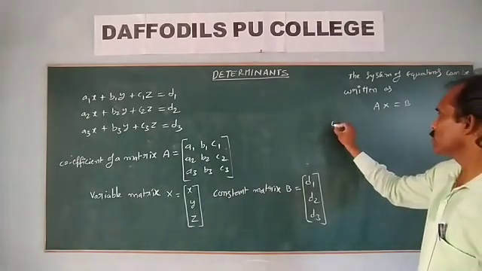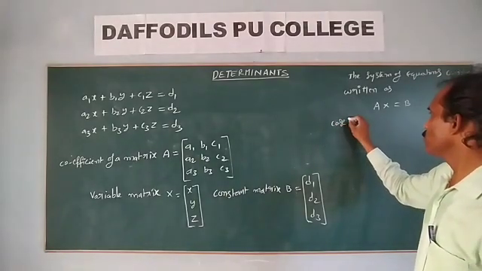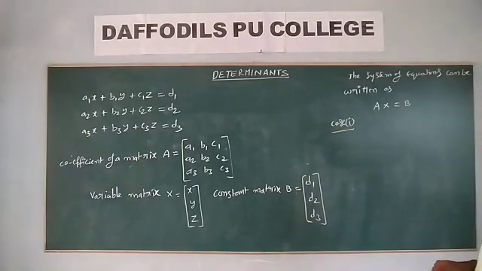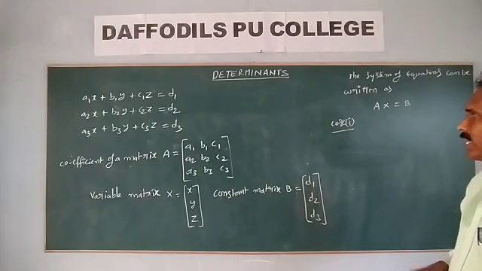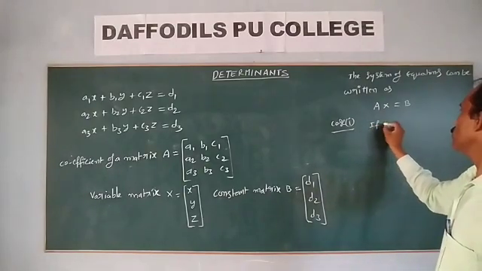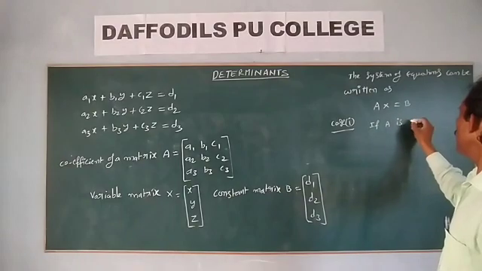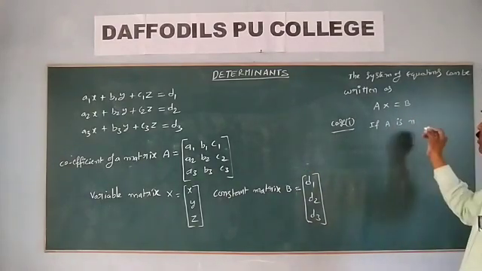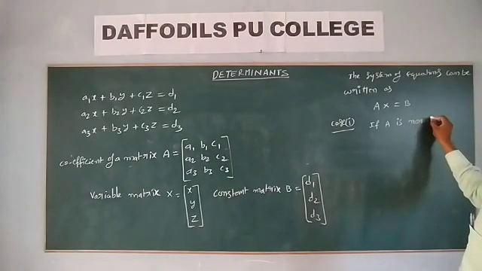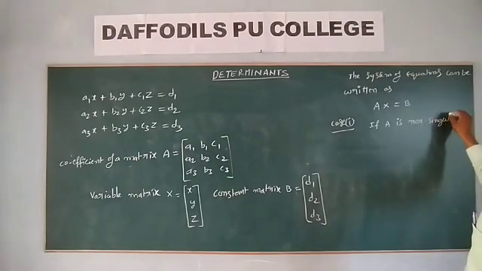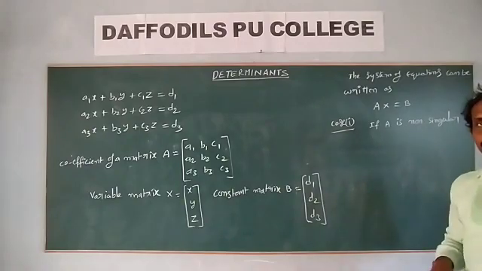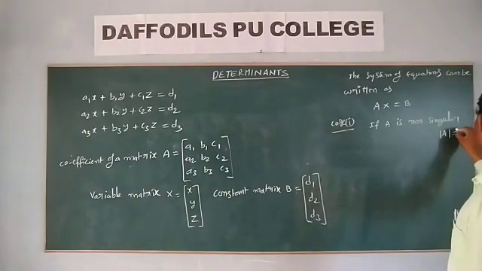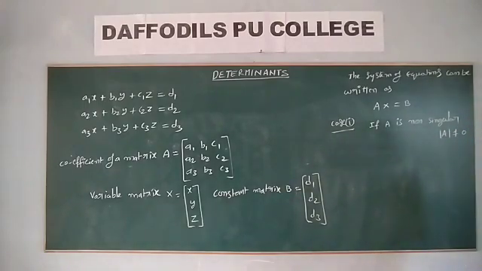Suppose case 1. After giving the system of equations, first of all find A, and afterwards find the determinant of A. If A is non-singular, that means determinant of A is not equal to 0.